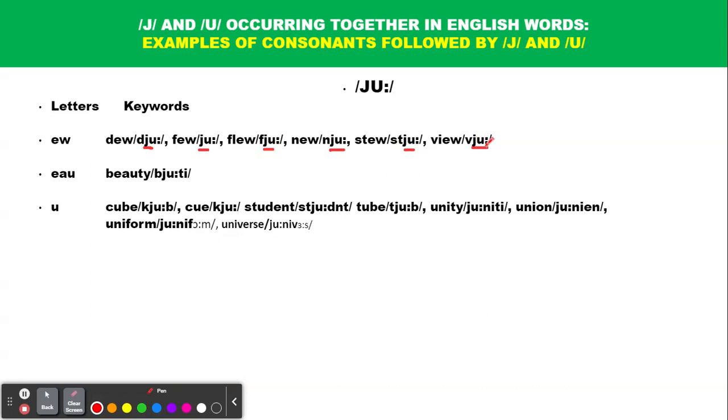view. Then the letters EAU as we have in beauty.